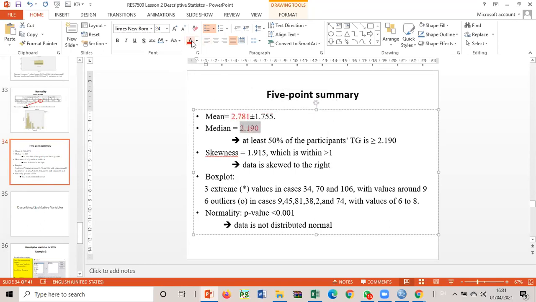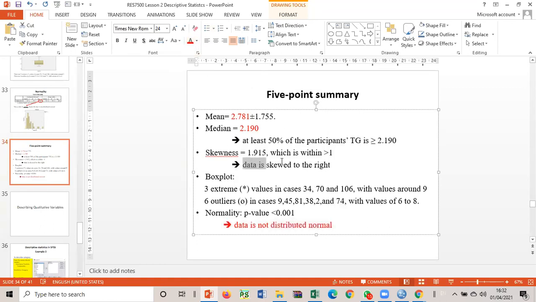If the data is skewed, can it be normal? Not necessarily. Skewed data is not necessarily normal, but normal must be symmetrical. So if the data is not symmetrical, then definitely it's not normal.